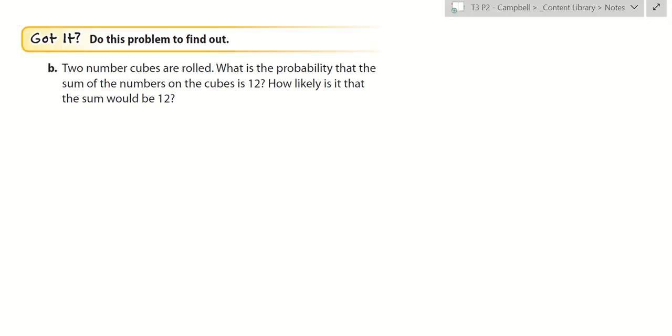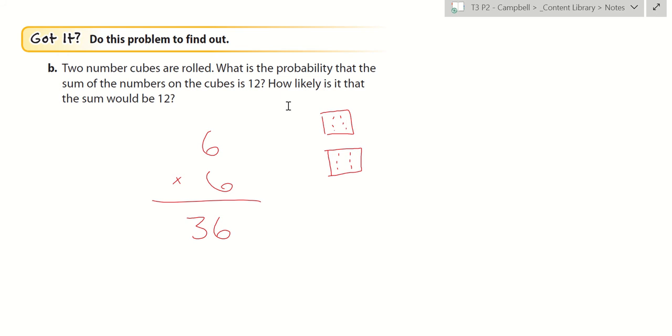So if we roll 2 cubes, each time we roll, we have 6 possible outcomes. So if we roll 2 times, then we have 6 outcomes times 6 outcomes, which is 36 outcomes. And if we want the numbers on the cubes to add to 12, well, then we would need to roll a 6 and then another 6 back to back. Well, 6 is only one side out of 6.